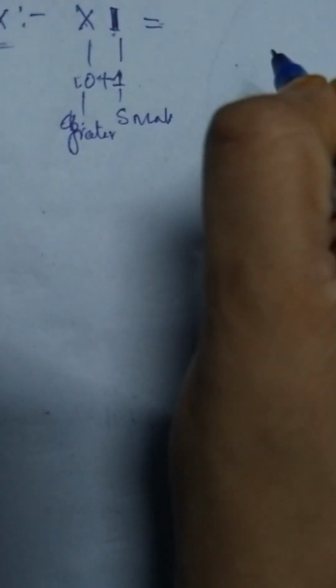Okay, so the smaller number is added to the greater numeral. So this one is added to this one, 1 plus 10.